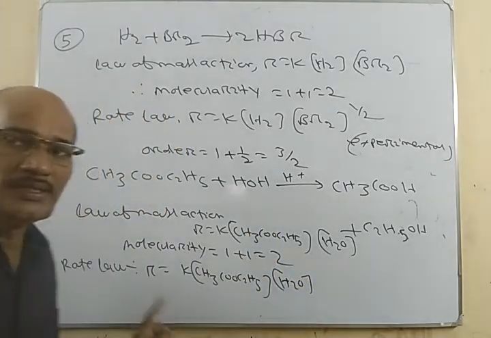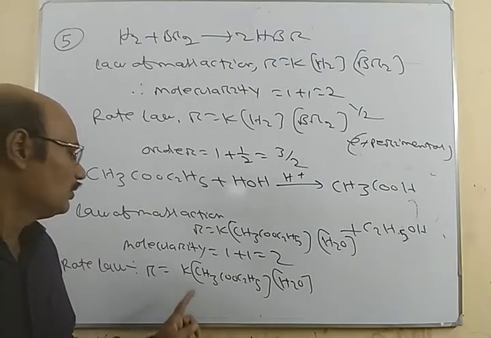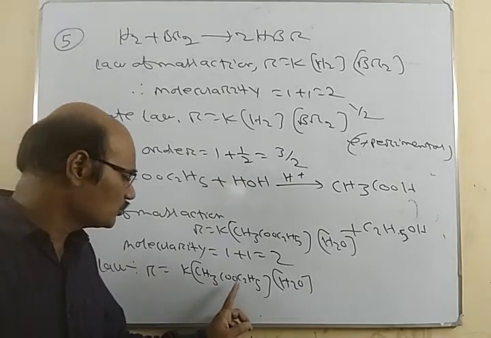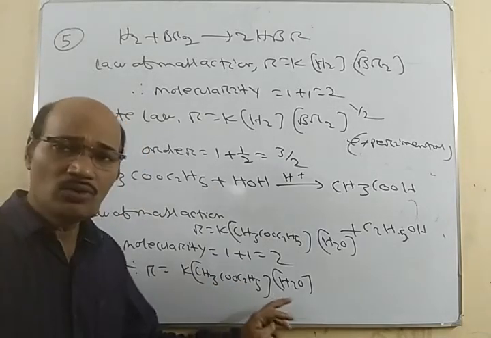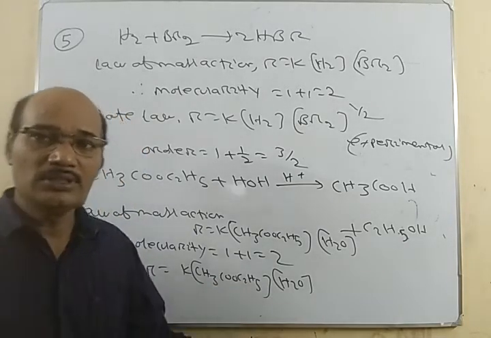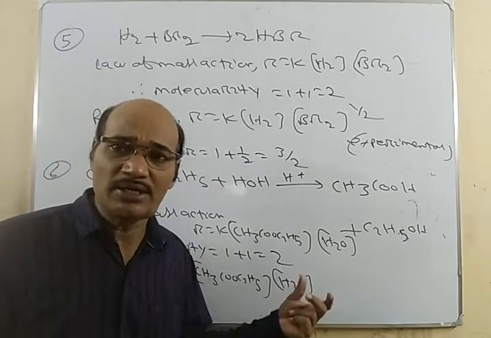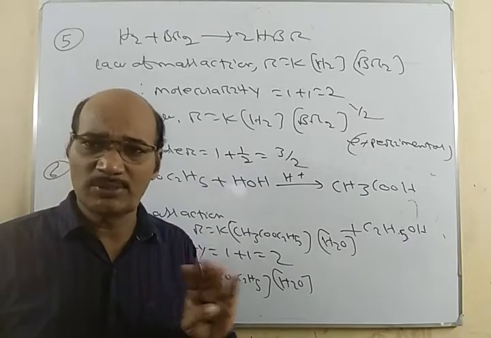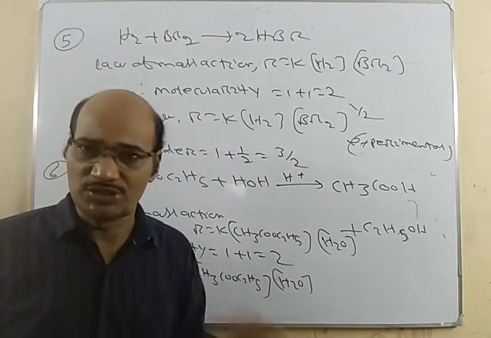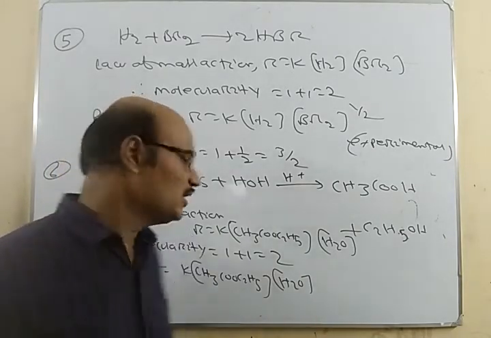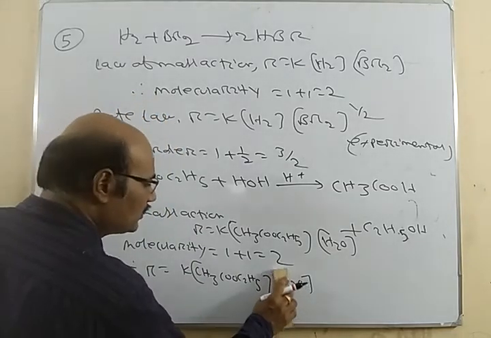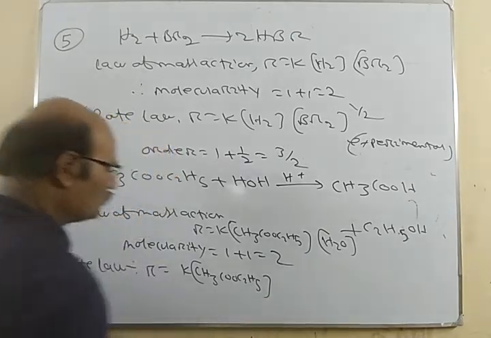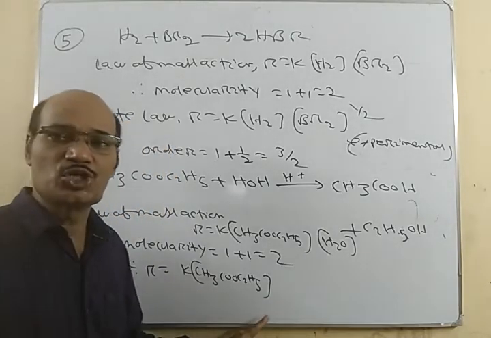See here, in this situation the rate depends upon CH3COOC2H5 and also water, but the concentration of water is in large excess, so the change in concentration of water is not observed. That's why we can say the rate depends upon only the concentration of CH3COOC2H5.